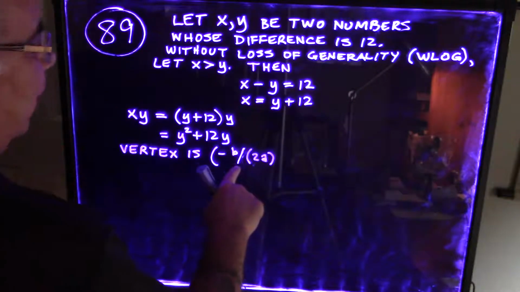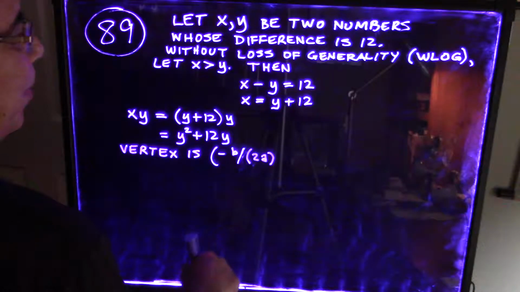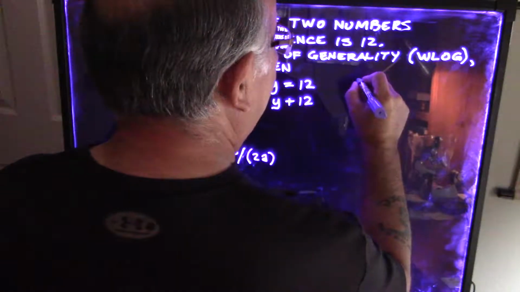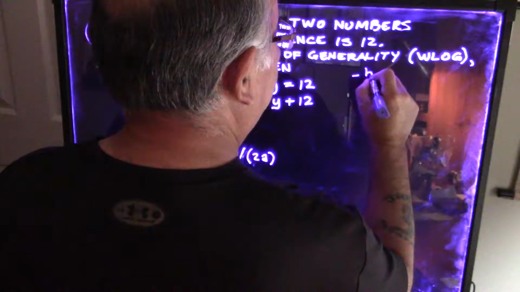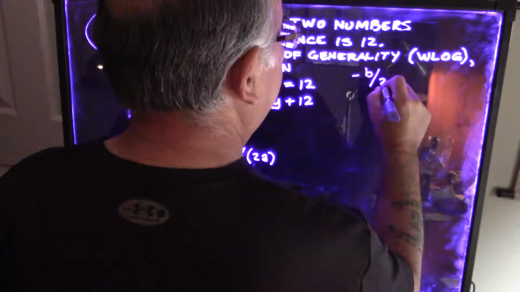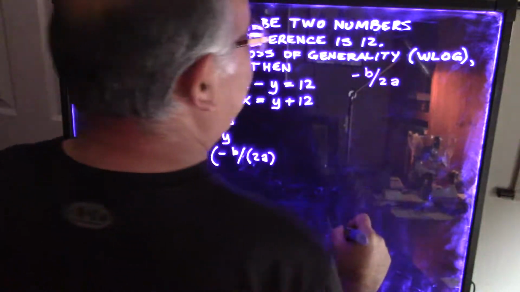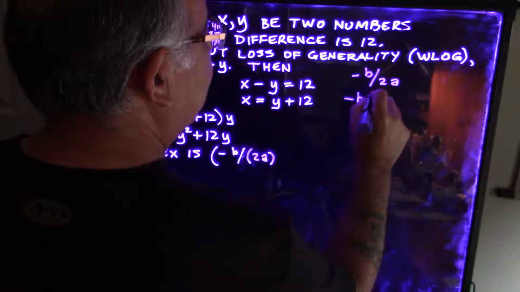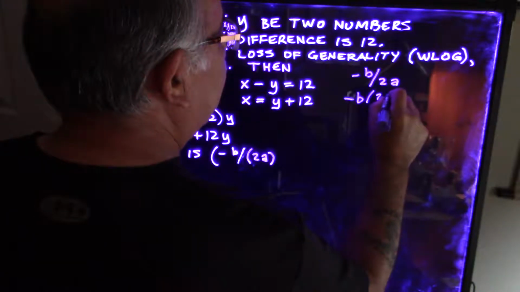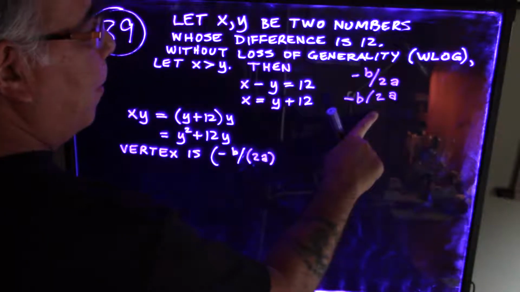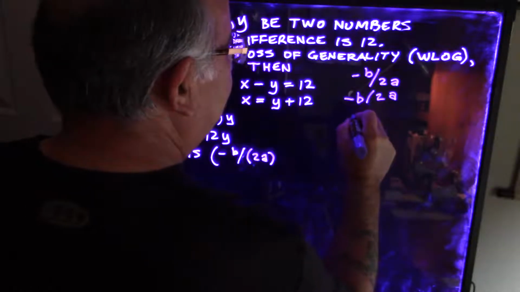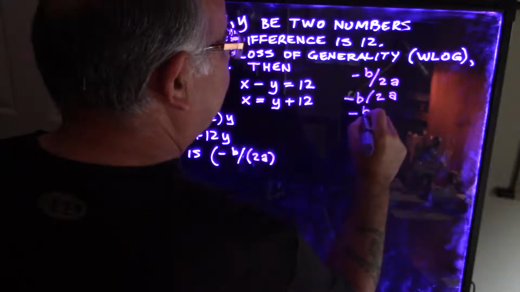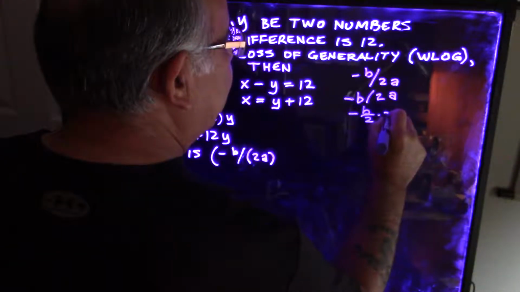If you write it semi-horizontally, negative b over 2a, like this, or if you do it horizontally like this, that could be construed as negative b over 2 times a.